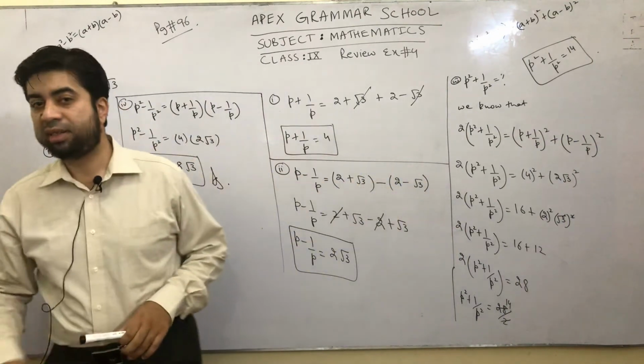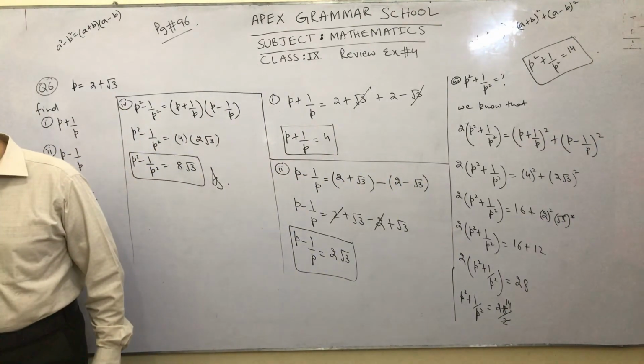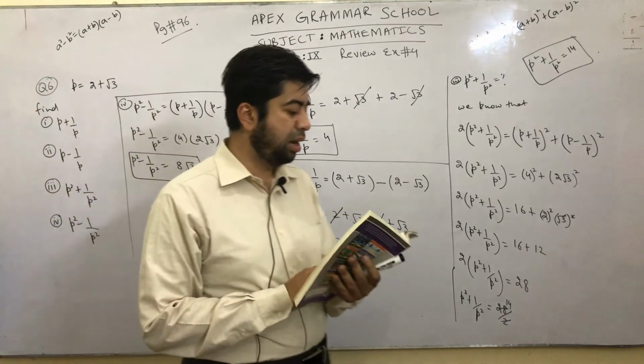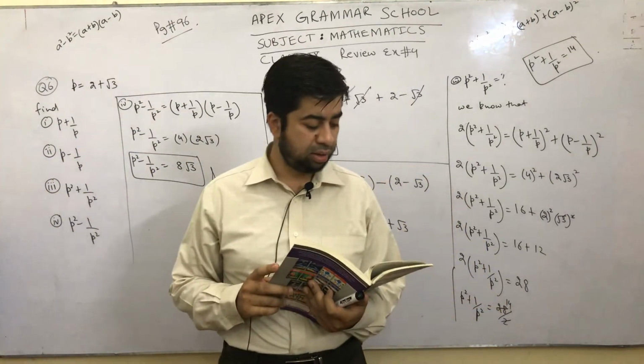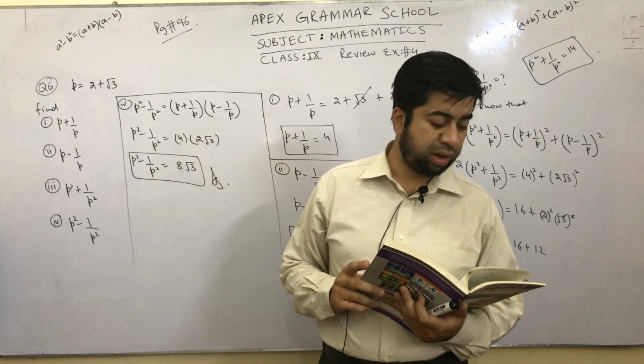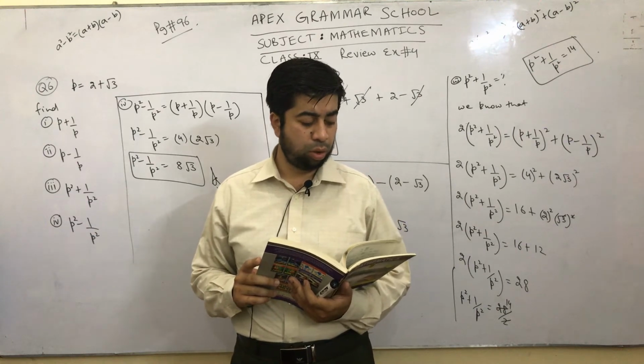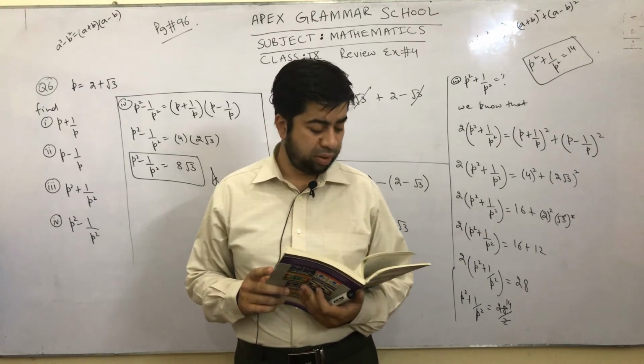This was question number 6 of review exercise of chapter number 4. Question number 7 is the same as this question. You can practice. If you practice this question number 6, you can do question number 7 very well.